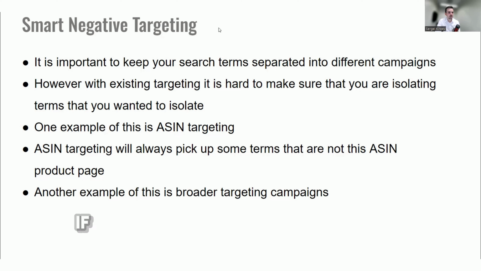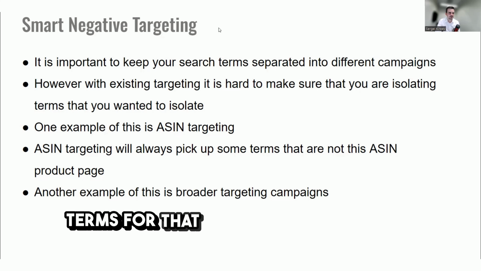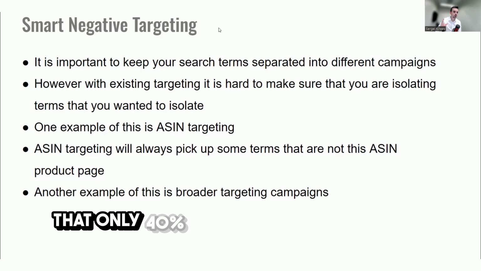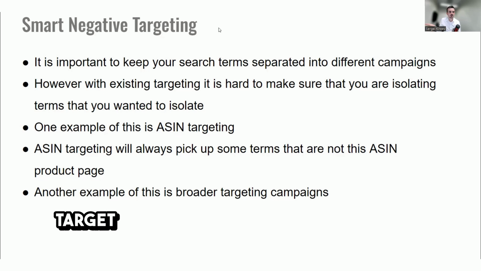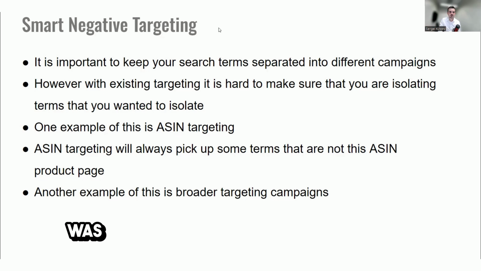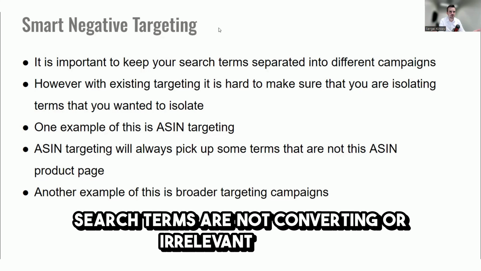But if you open up the underlying search terms for that ASIN in that campaign, you might notice that only 40% of spend was allocated to this ASIN target search term. And then the rest, 60%, was allocated to other search terms. Again, I am not saying that those other search terms are not converting or irrelevant or bad.